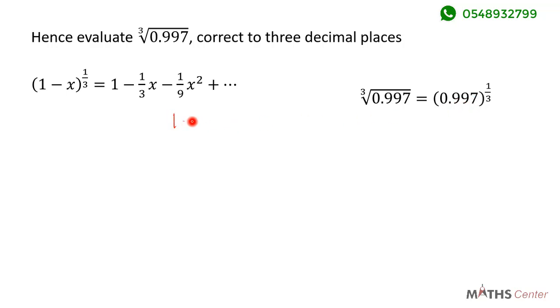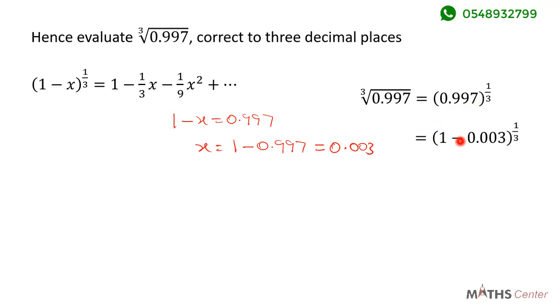So 1 minus x is equal to 0.997, and so x will be equal to 1 minus 0.997. And this gives us 0.003. So it means that 0.997 can also be written as 1 minus 0.003.